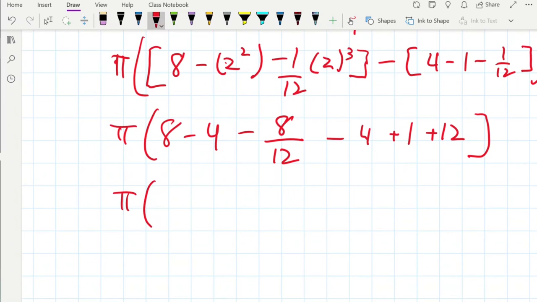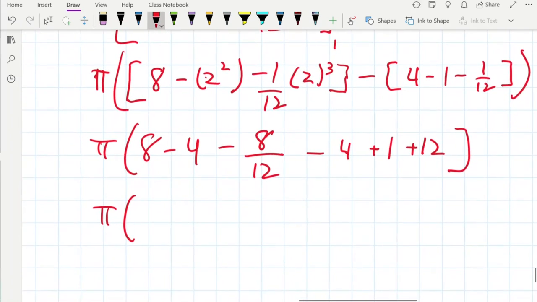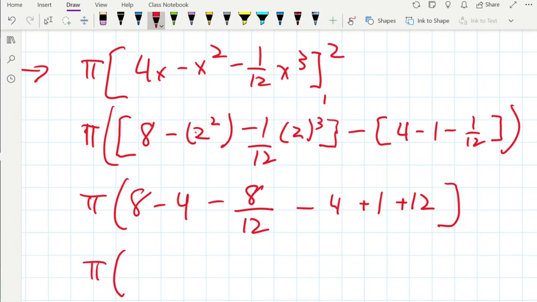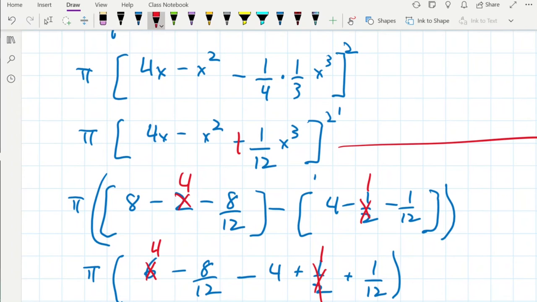So we get pi, let me just check. So 8 minus 4 minus, I did this wrong. I just realized this is supposed to be plus because a negative times a negative is a positive.